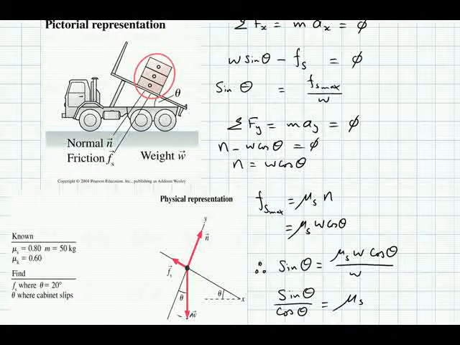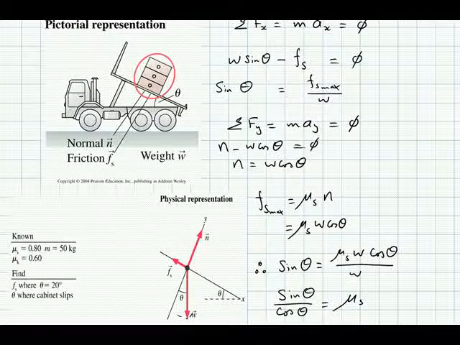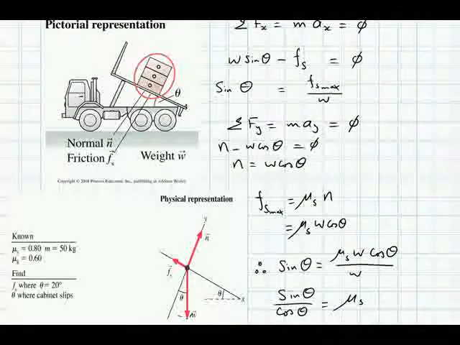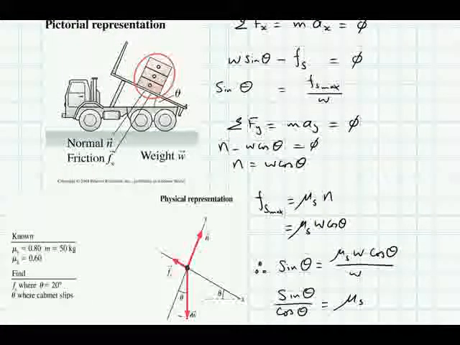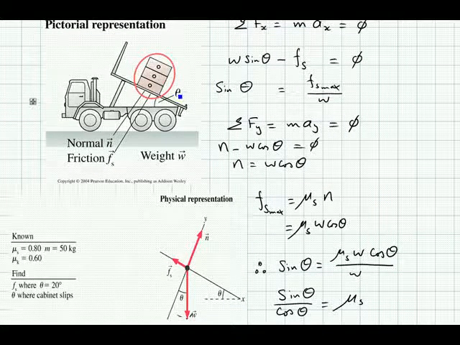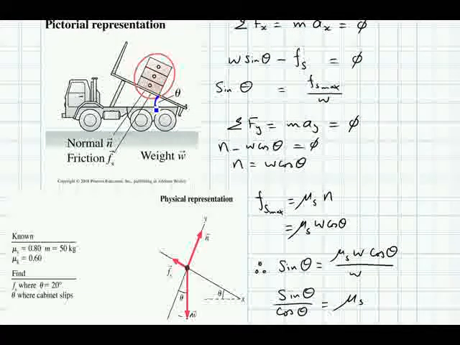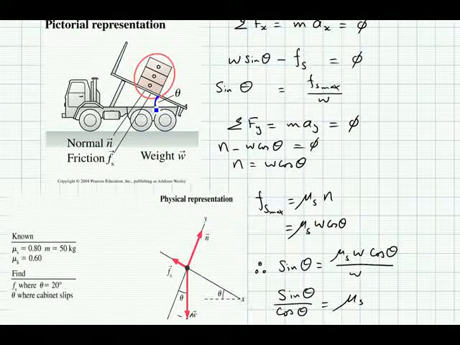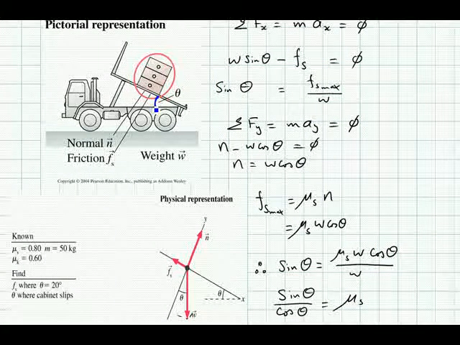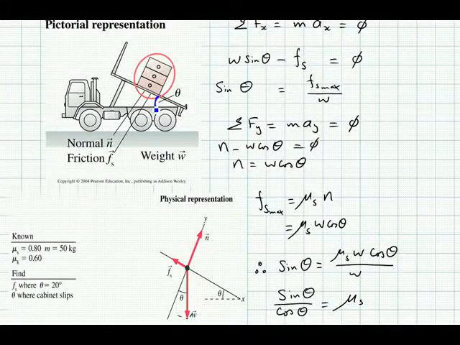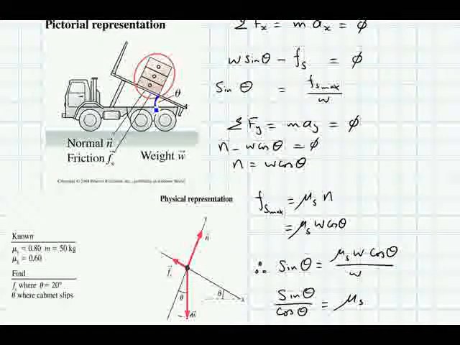Let's say here we have a load sitting at the back of a truck, and the question is, what is the maximum angle theta that the truck bed can be tilted to without the load slipping down the truck?